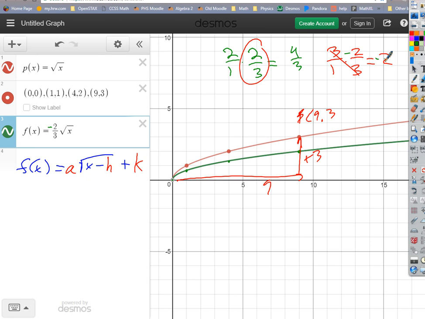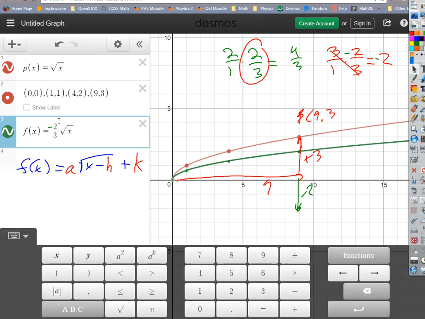It tells us what the stretch or the compression factor is, but because our result is negative, it tells us for the transformed function, when I go over 9, instead of going up 3, I go down 2. So there's my point. And that's really all it takes to make my sketch, because I know what the basic shape of the curve is. And so if I change this to a negative, there it is, right?